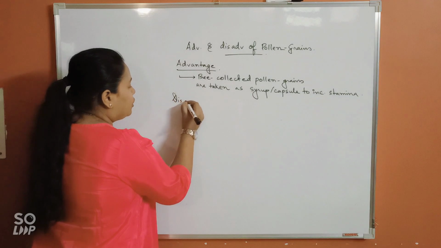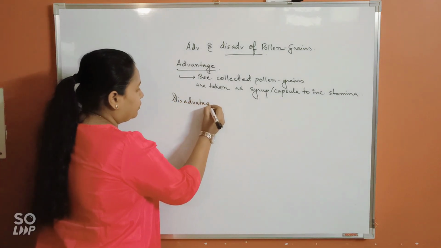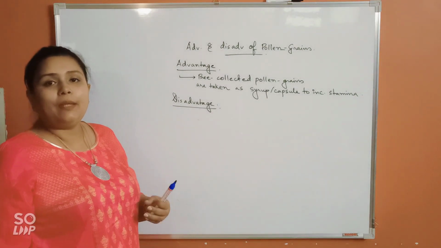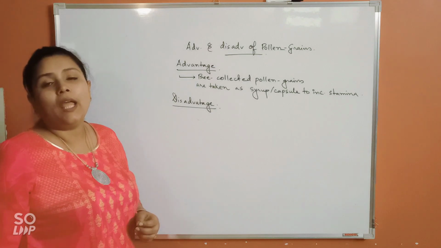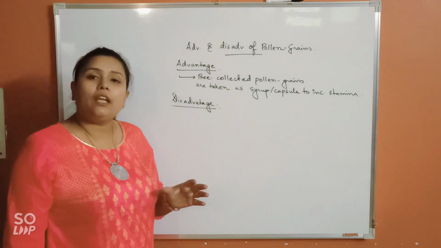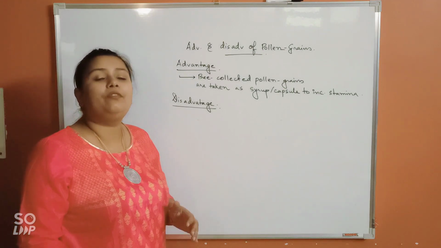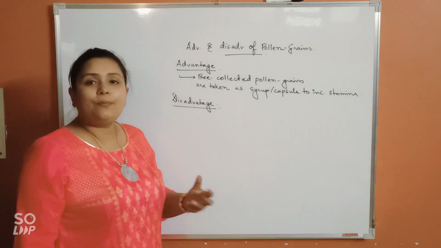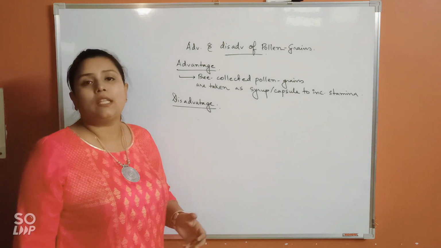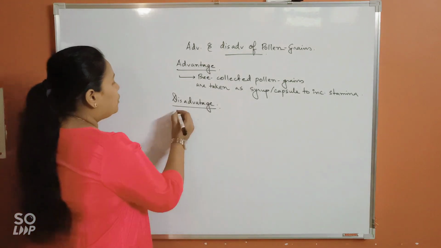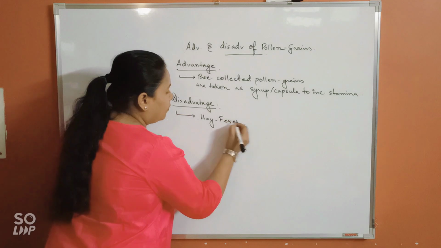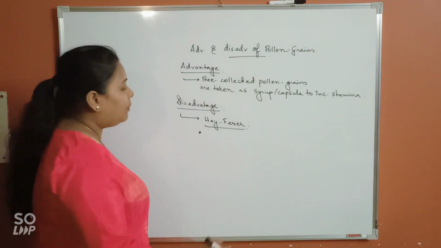Moving on to the disadvantage. Here, we have to mainly mention the anemophilous species which undergo wind pollination. To make sure fertilization occurs, these species produce a very large quantity of pollen. If these pollens are inhaled and enter our respiratory system, they can cause various types of allergic reactions, the most important being hay fever. The most important mention here would be Parthenium.